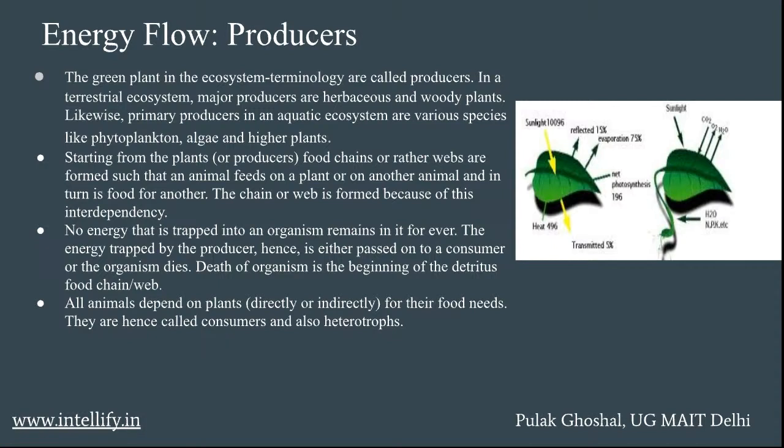So the energy will not be sustained in an organism forever. All animals depend upon plants for their food needs. The organisms which depend upon them are called consumers, also heterotrophs.